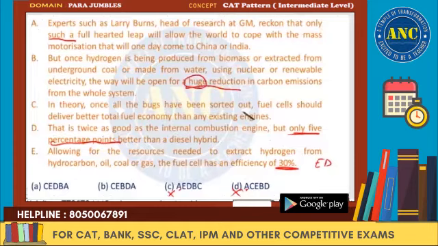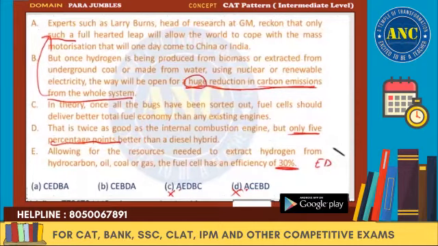This huge part is crucial here. A huge reduction in carbon emissions from the whole system. Can we not link this huge reduction in carbon emissions from the whole system to such a full-hearted leap? You're not talking about 30% or 5% more. You're talking about a huge change that will happen. So B and A are connected. A can come right after B.